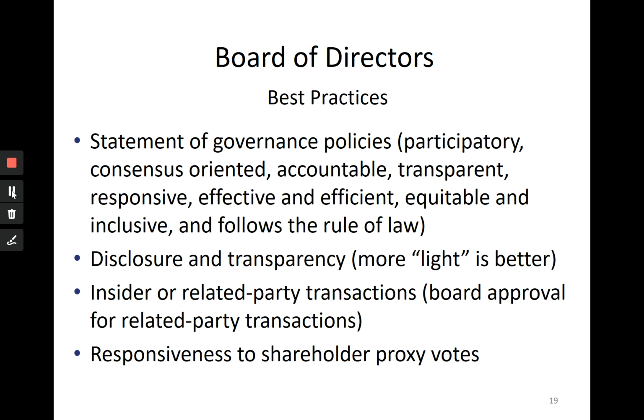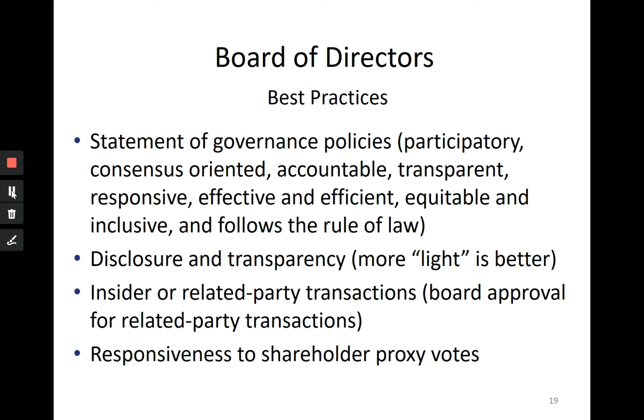To continue the best practices, a financial analyst could look at a statement of governance policies. This statement sets out how the board of directors, chief executive officer, and shareholders run the corporation and interact with each other, and together do this act of running the corporation.